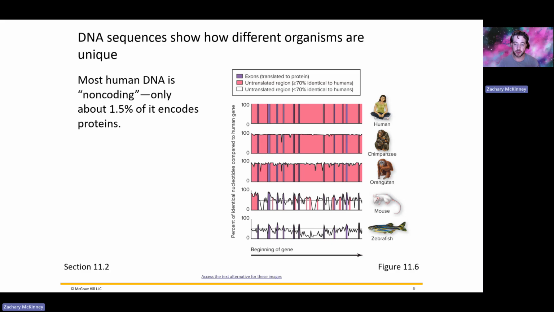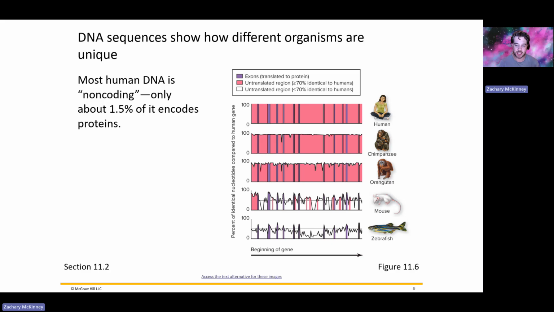As we go down, humans and chimps share a lot of the same intron and exon related regions. With mice, there are fewer of those, but still some, which is why we can use mice as model organisms for humans when we do testing in labs. With zebrafish, you can see there's really not a lot of overlap.